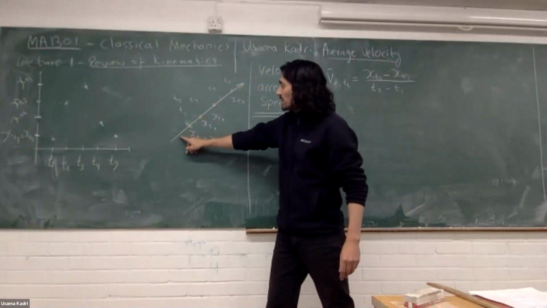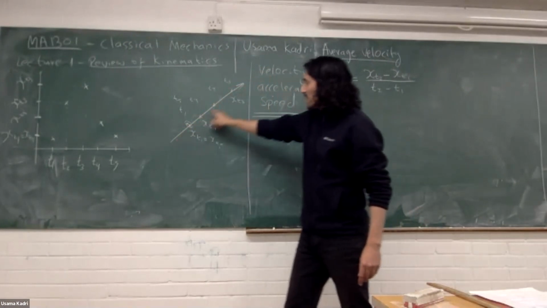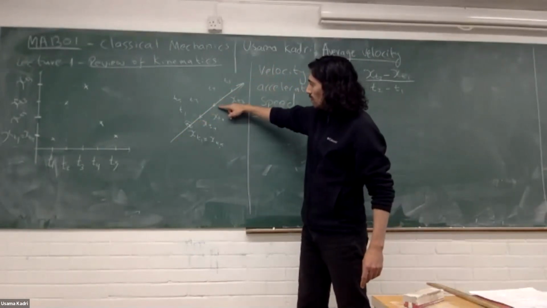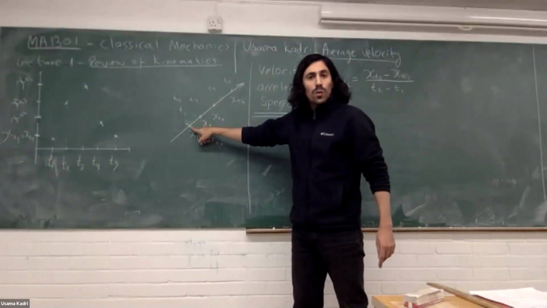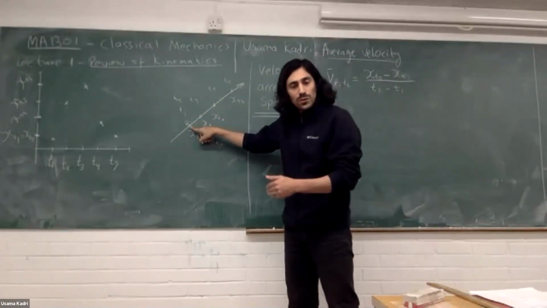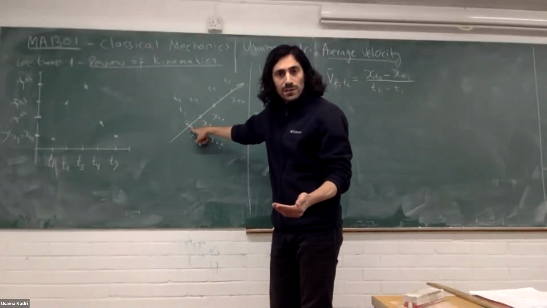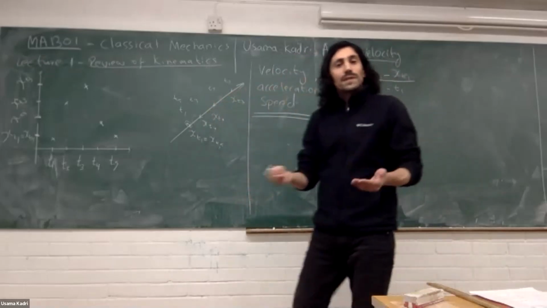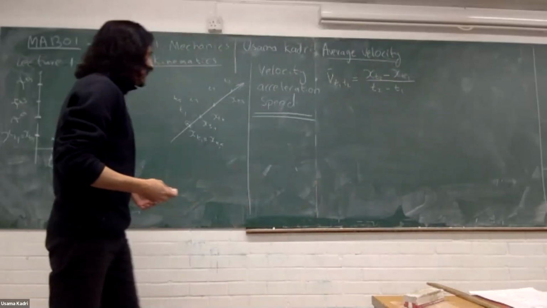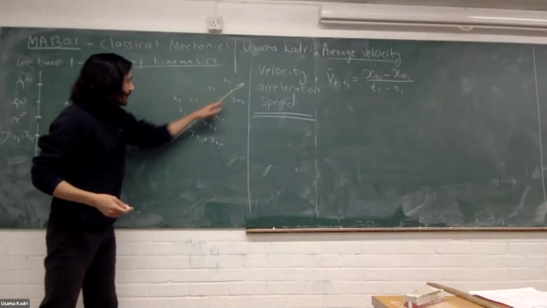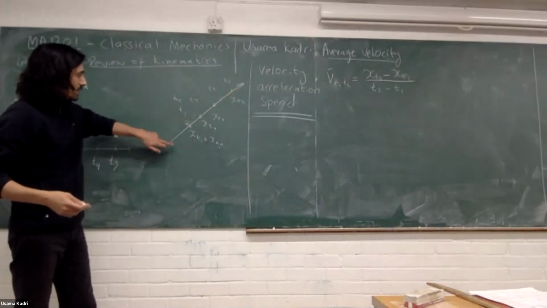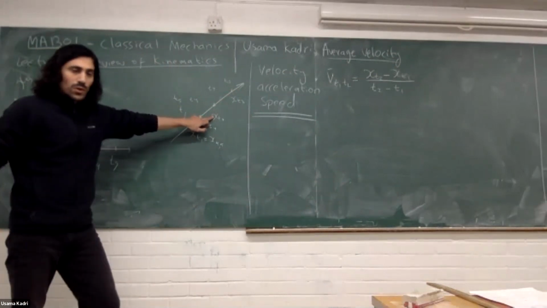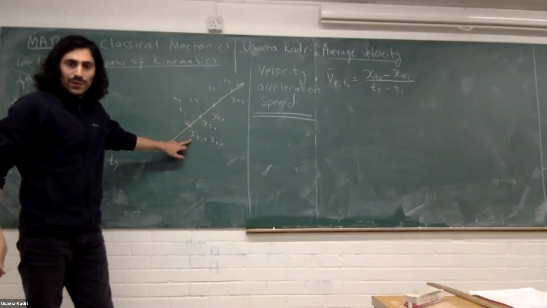If I define the increasing value, for example, as in that direction, so x of t2 is larger than x of t1. In this case, x of t2 minus x of t1 would be positive, right? Which means it would also be the distance in this case. However, I could define this in the opposite direction, and then xt2 would be smaller than x of t1.